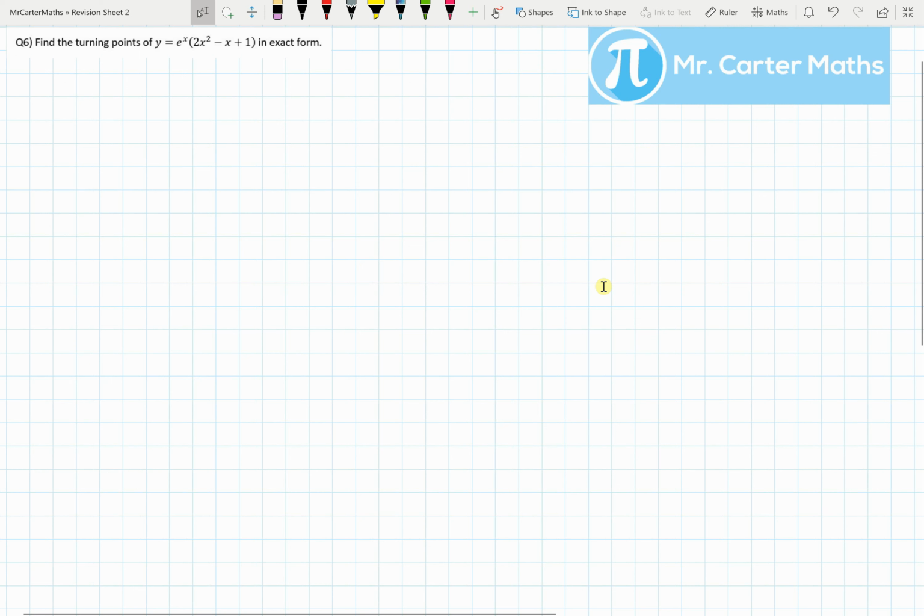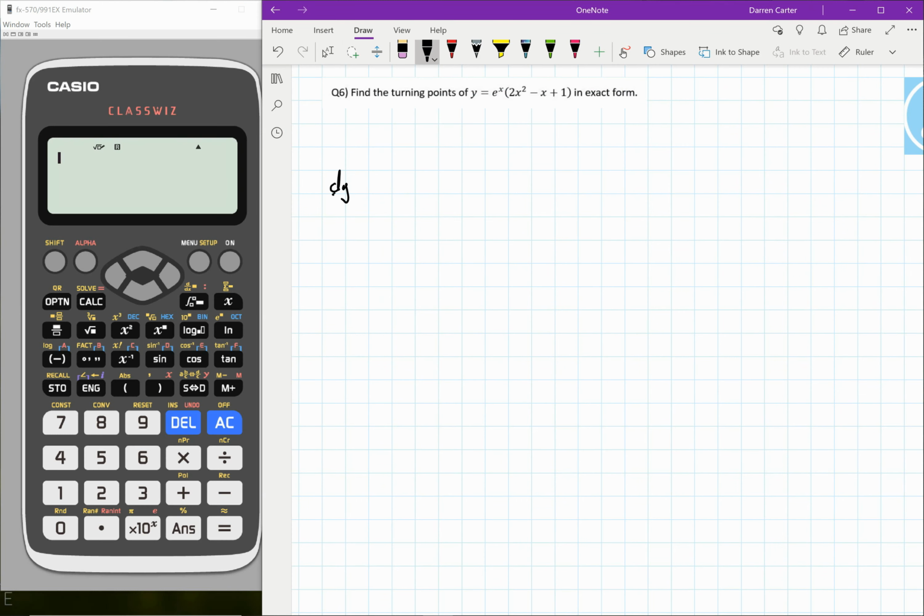Question 6. Find the turning points of this in exact form. So for turning points of a curve, I know I want the derivative to be 0. So I know I need my derivative. When I look at this expression, I see that I have 2 things being multiplied together.